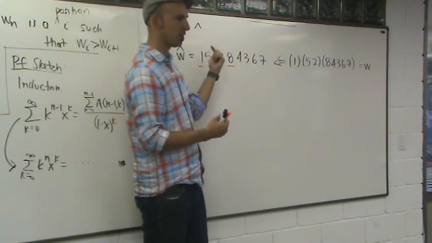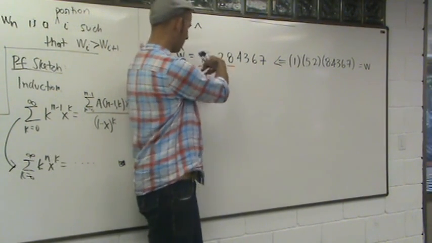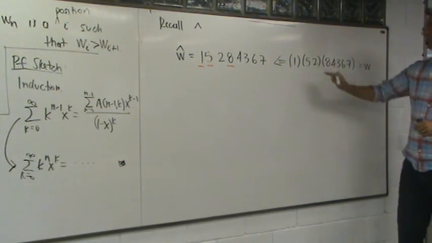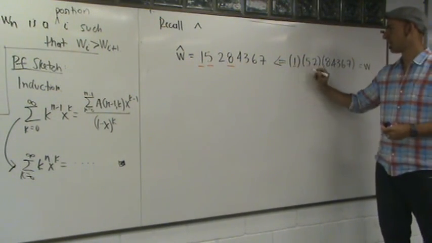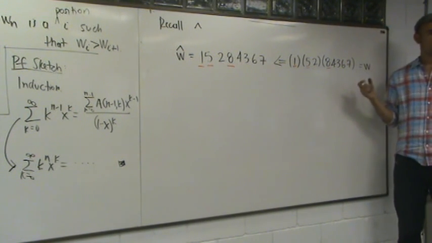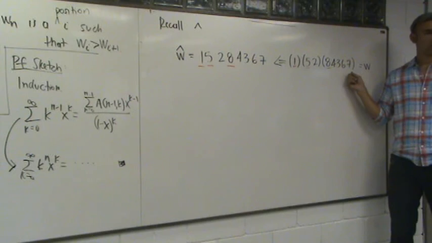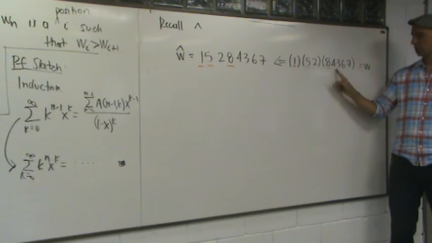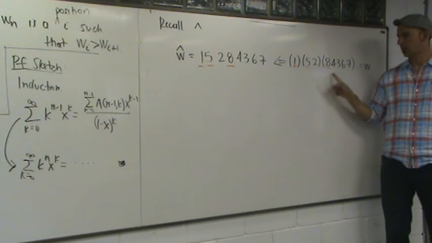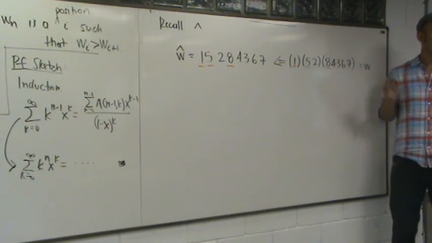For the inverse of this hat transformation, I open a new cycle at each of these. I'll underline them to remind you that in each cycle, the biggest number goes first, and these numbers increase: 1, 5, and 8. So this is in standard notation.